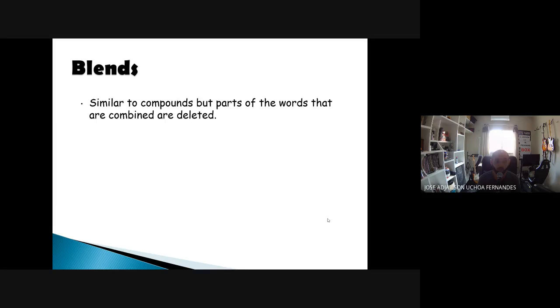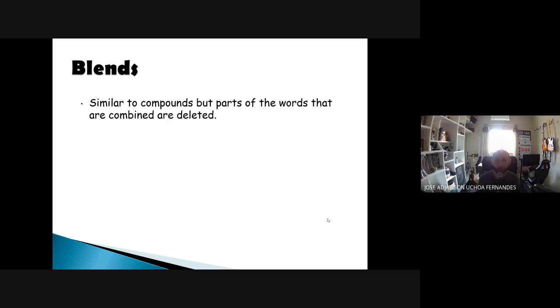And we have blends. Blends are pretty similar to compounds, but parts of the words that are combined are suppressed. They are deleted so that these two words can get together. In a compound word, you can distinguish both parts. You can even separate them with no loss.